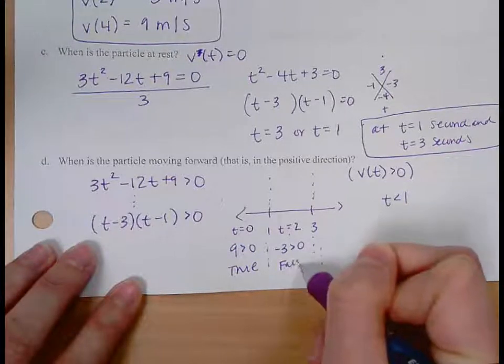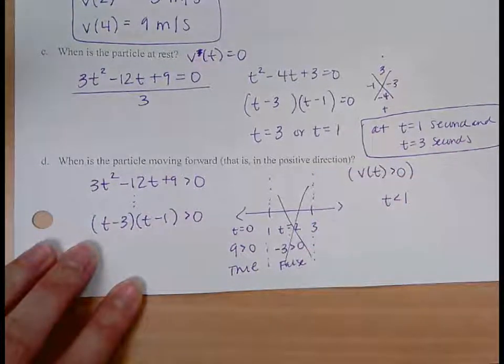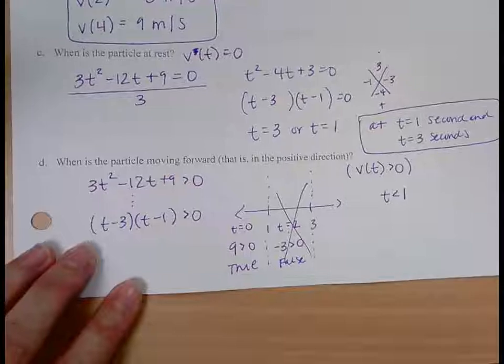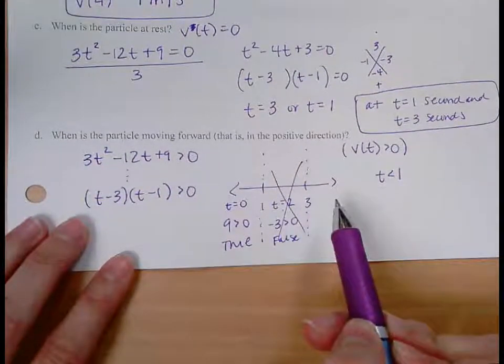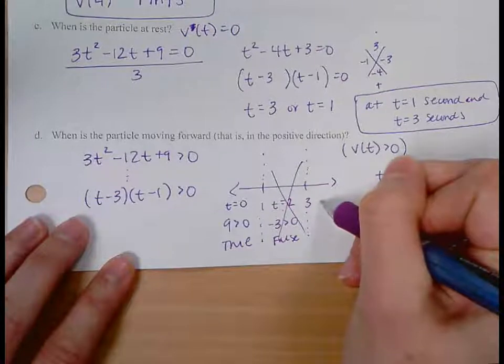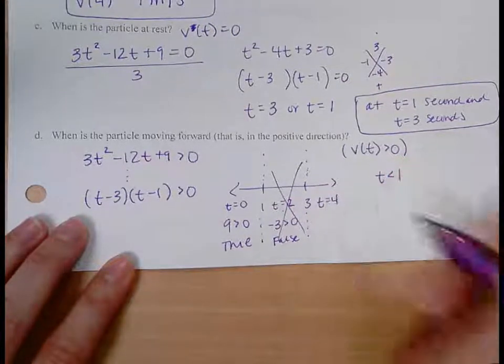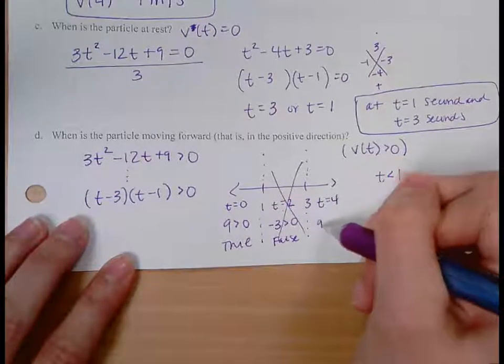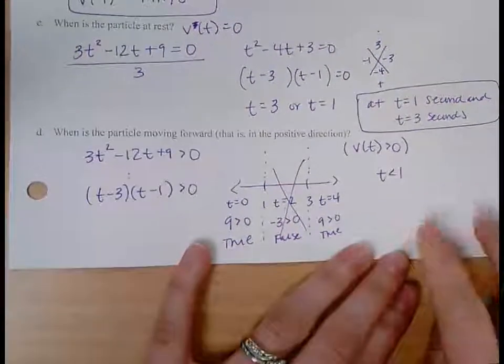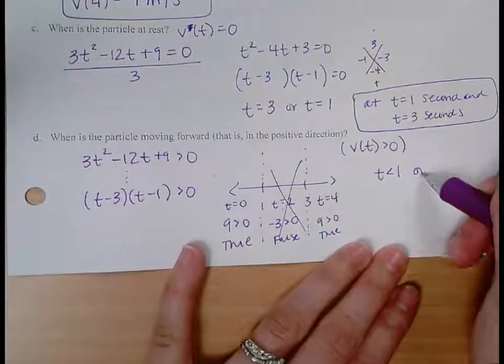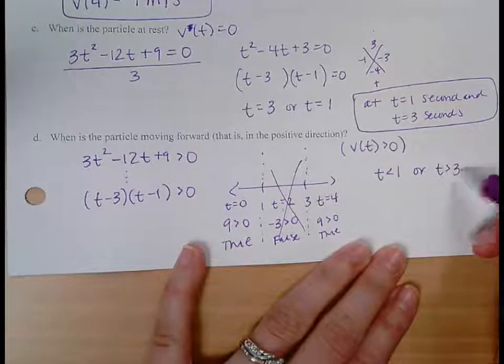That's false. So when t is in between 1 and 3, it's not moving forward. It would be moving backward in that case. And then when t is greater than 3, we could test 4, which we already know was 9, and 9 is greater than 0, that's true. So it's moving forward when t is less than 1, or when t is greater than 3.